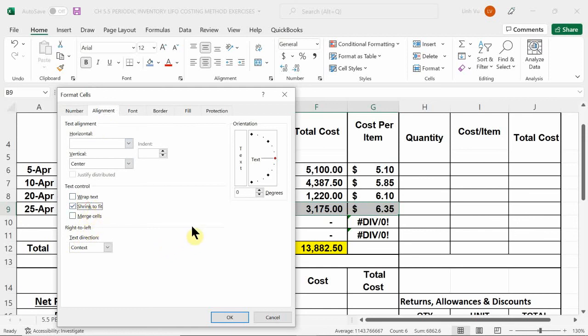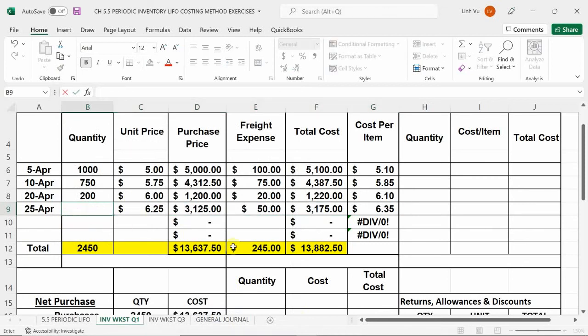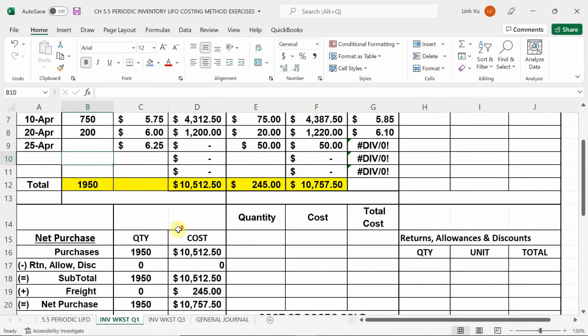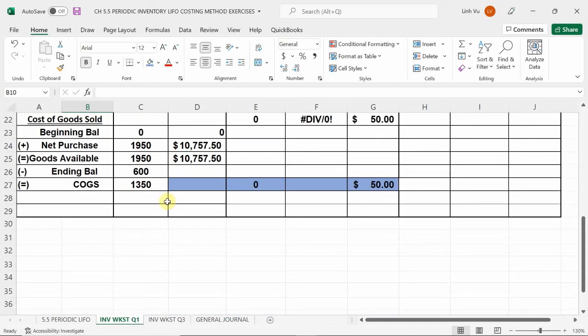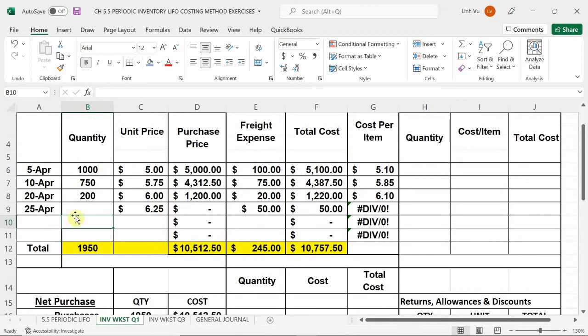If I were to delete this, if I said I got rid of my 500, because I'm self-referencing, it's going to change this value here, and because I use that here, it's going to change all your numbers here, and now all my numbers are messed up, okay? So that's the danger of using Excel as well: if you delete something that you self-reference, you would end up messing up a lot of things in your worksheet.